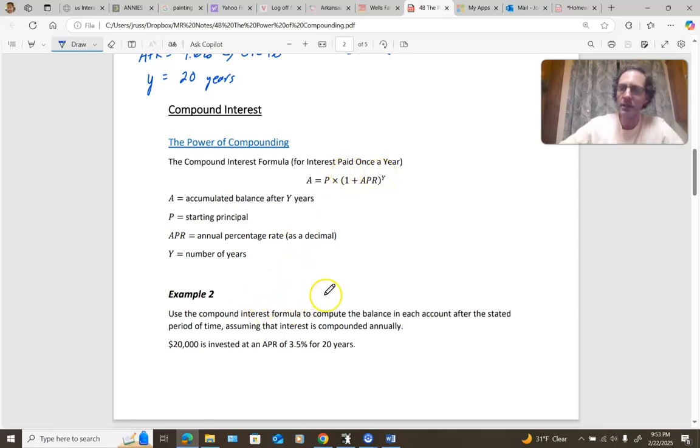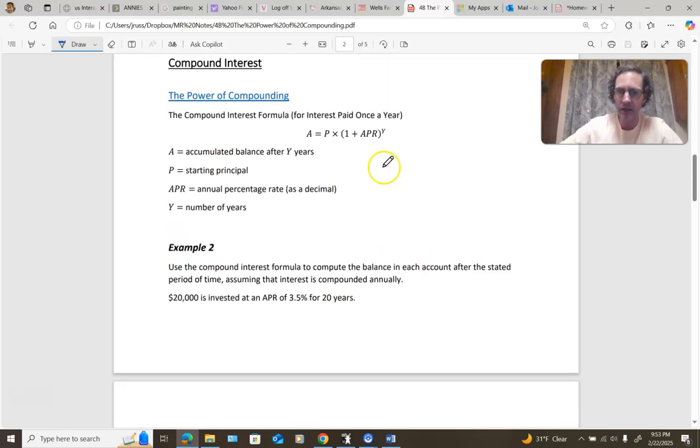So when you're doing these, it's going to be essentially the same. You're just going to plug the numbers that you're given into your formula, plug it into your calculator, and it's going to give you the future value, or the accumulated value, in other words. Now I do want to point out, this is the formula that you're going to use when interest is compounded once a year.